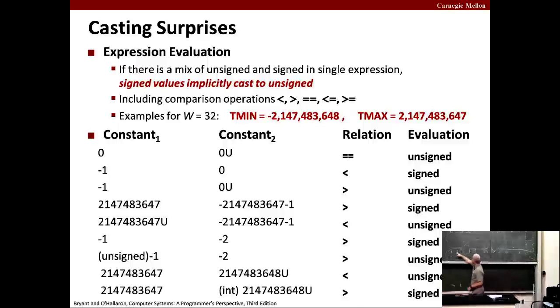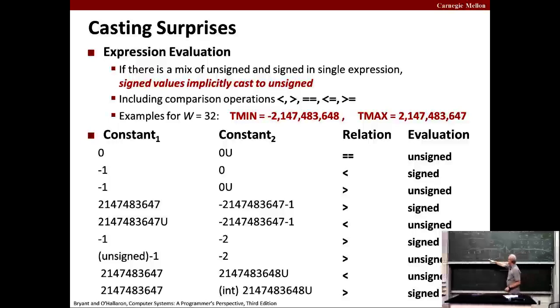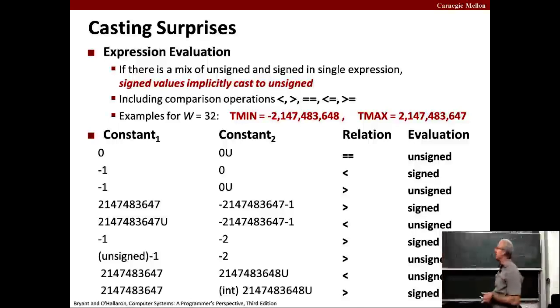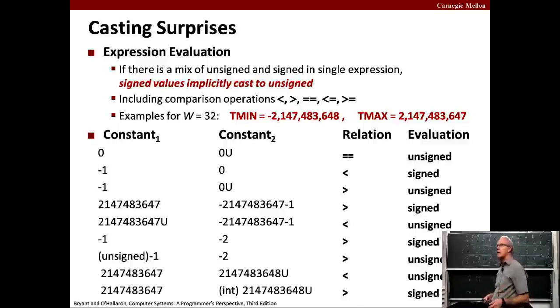Remember, this is -1. But when I cast that to an unsigned number, I'm flipping this from -16 to +16 and turning this into 31. I'm turning it into actually the largest number I can represent. And so it will be greater than 0. So it's a little bit weird to think about: I took an unsigned 0, which after all is just 0, and compared it to a -1, and it said, oh, you really meant 31, didn't you? Or whatever word size we're using. And so it said it's greater.